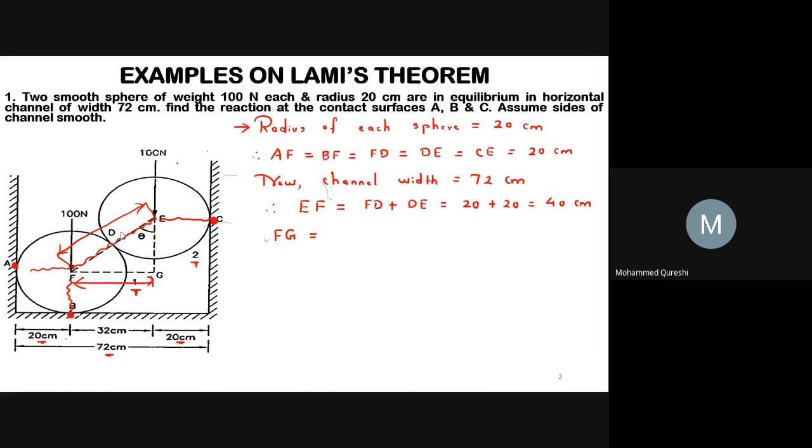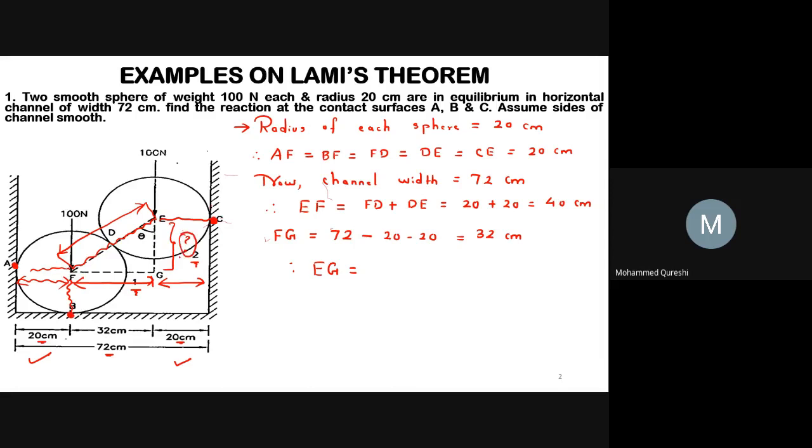So now FG equals total width of channel, 72, minus AF, which is 20 centimeter, minus GC, which is 20 centimeter. So FG will be 72 minus 40 equals 32 centimeter. Now we know that EG, this portion, is still remaining and we have to calculate this value.